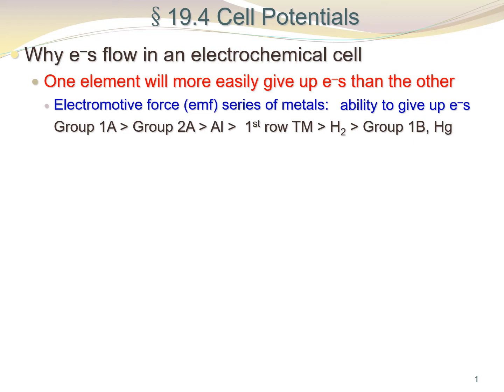Suddenly, this EMF can be closely related to, or explained by, the electronegativity that we have learned. So from this EMF series, we realize that a metal with more EMF, and of course, less electronegativity, is easier to give up electrons.